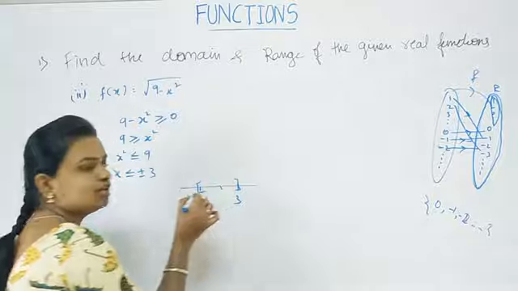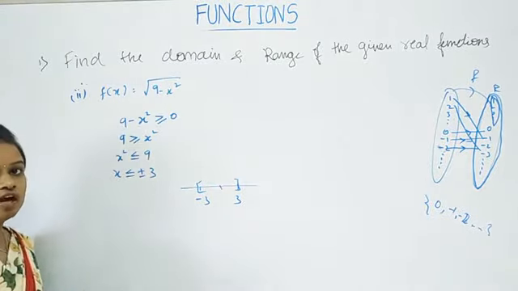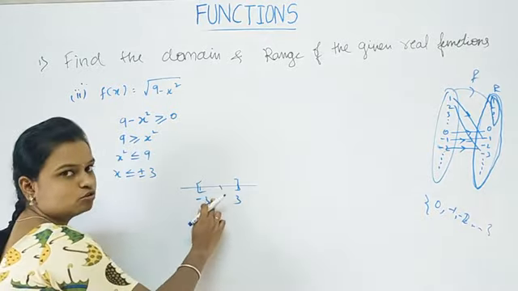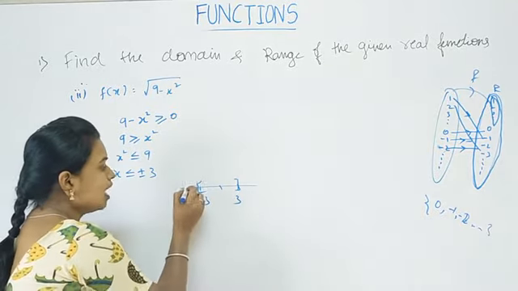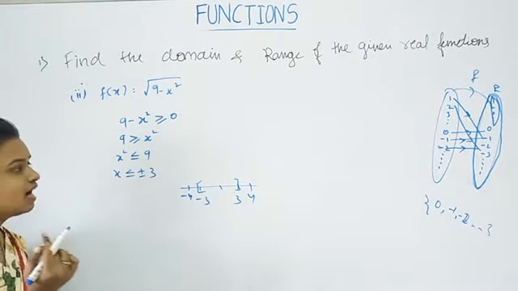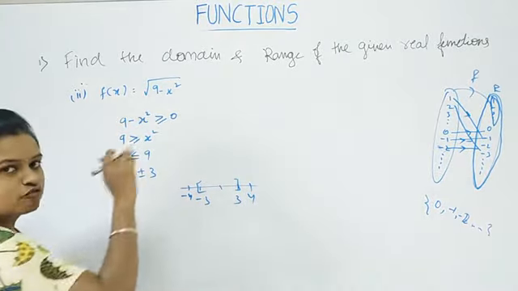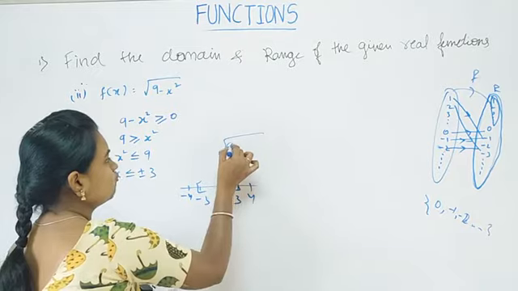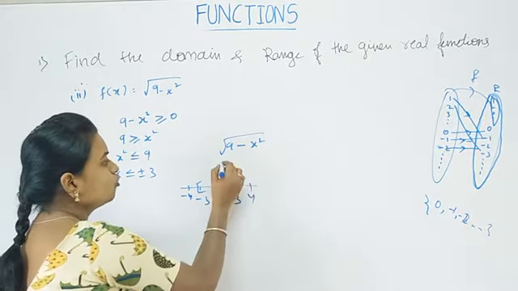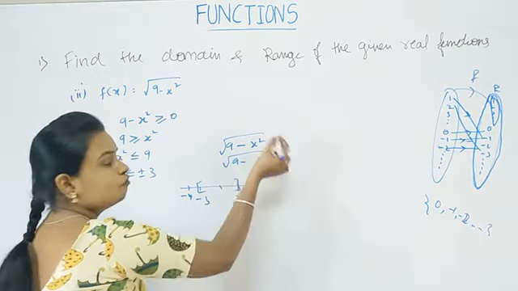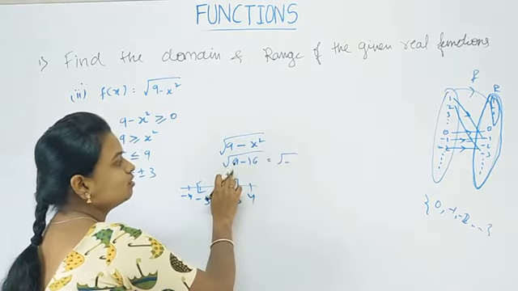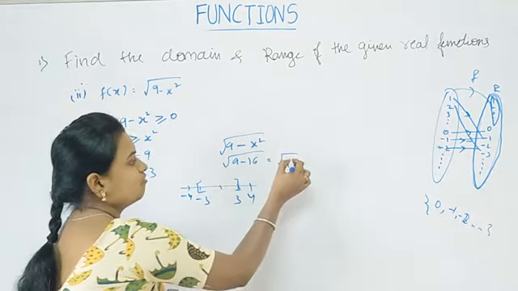Only in these values is the function defined. Inside plus 3 and minus 3 it may be minus 2, 0, plus 1, plus 2. At minus 4 and at 4 the function is not defined. Why not? If you take x as 4, square root of 9 minus x square becomes 9 minus 4 square. 4 square is 16, so 9 minus 16 is minus 7.